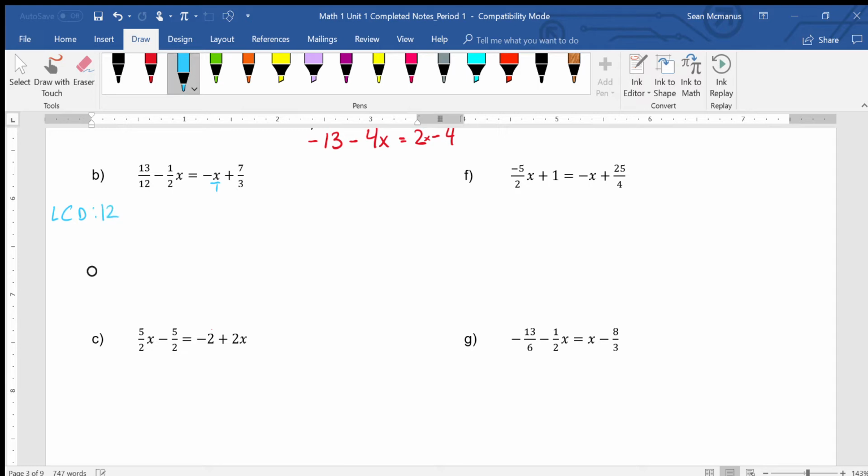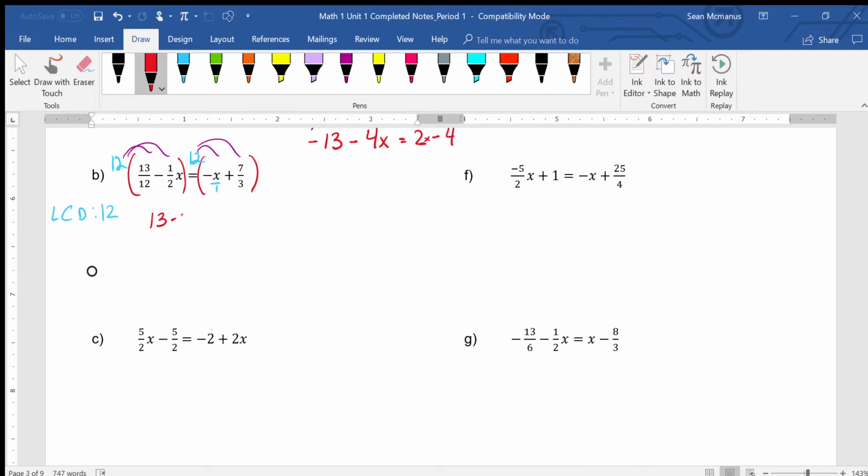They all go into 12. So I'm going to take both sides and multiply by 12. And when I do that, if I distribute the 12 all the way through, I'll see that I get, again, we'll start to cut some of these longer steps out once we get the hang of things, right?